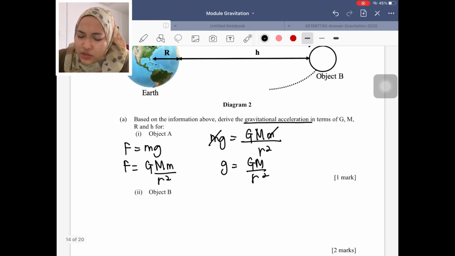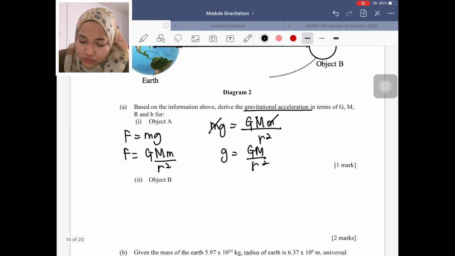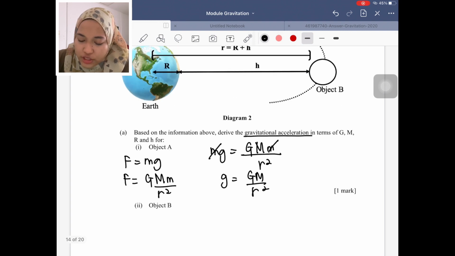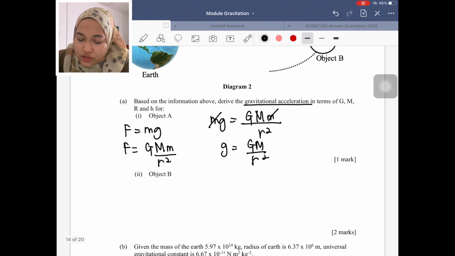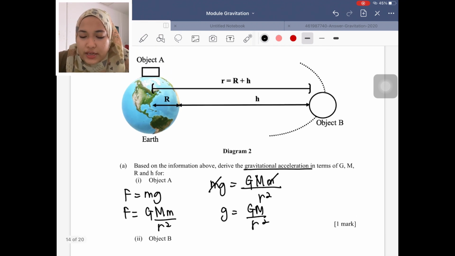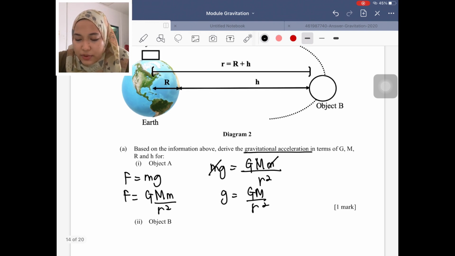Okay, so now for object B. Okay, so kita nak cari dia punya g. Okay, so object B dia lain sikit. Sebab apa?